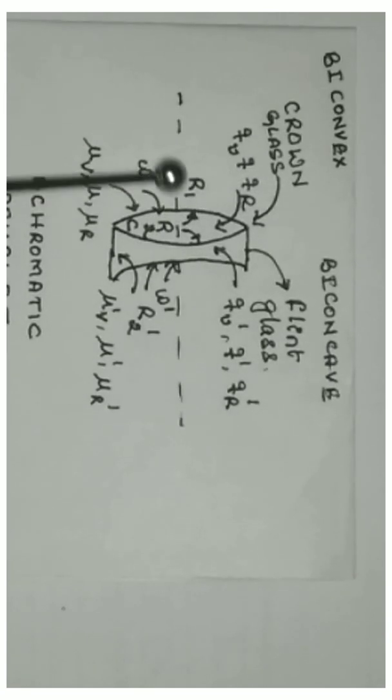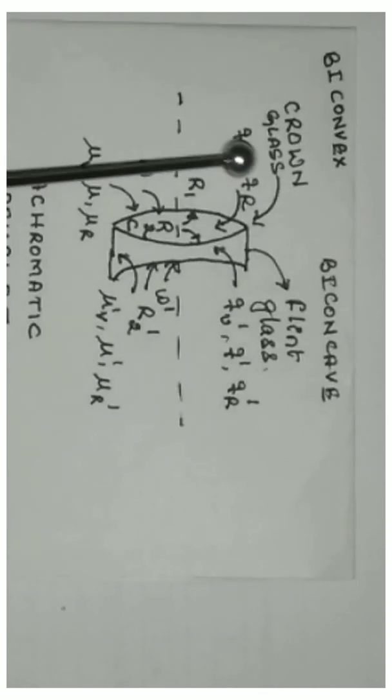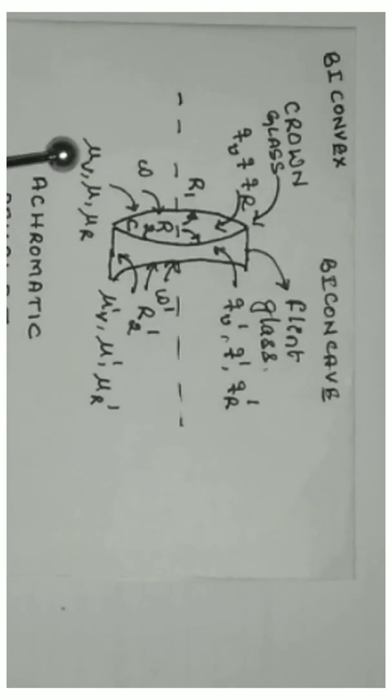R1 and R2 are the radii of curvature, and omega is called the dispersive power of the crown glass, and mu v, mu and mu r are the refractive indices of violet, convex and the red color respectively.